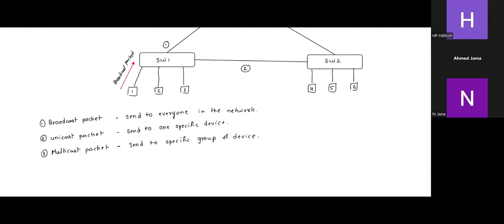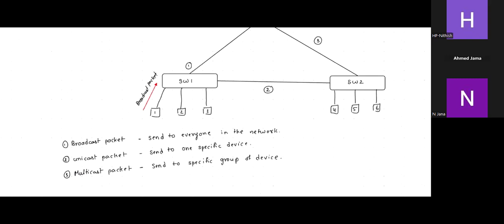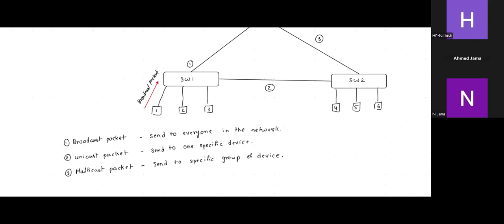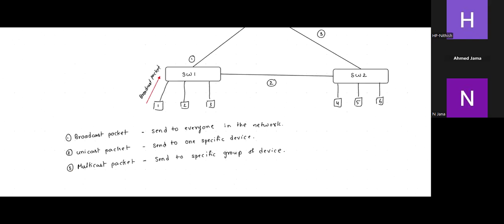Now the broadcast packet has been sent by PC1 to switch 1. As per the rule, switch 1 is supposed to send this packet to all the links it has.